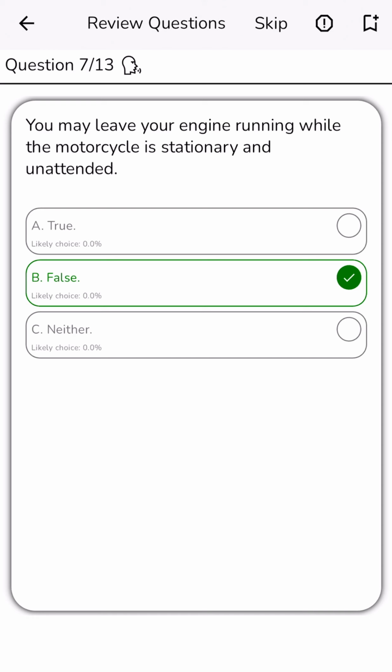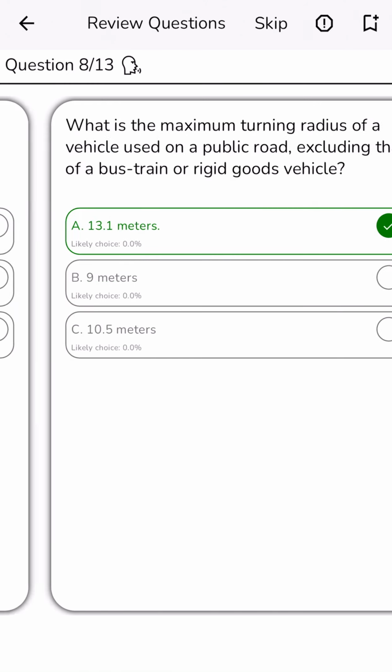When you read through that information, it just has to make sense that you may not leave your engine running while the motorcycle is stationary and unattended. So that is why the answer there is false.